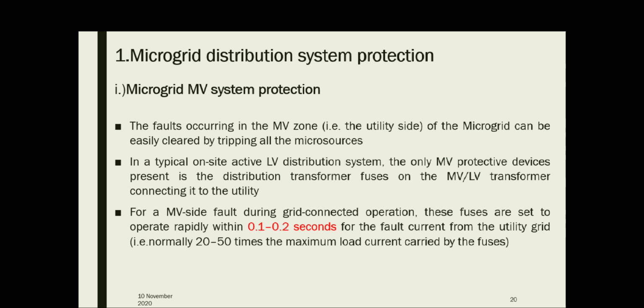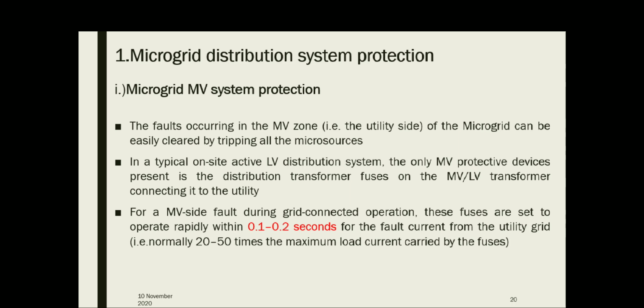Assuming the microgrid to be a typical on-site active low voltage distribution system, the only medium voltage protective devices it would include are the distribution transformer fuses on the medium voltage side of the transformer connecting it to the utility.